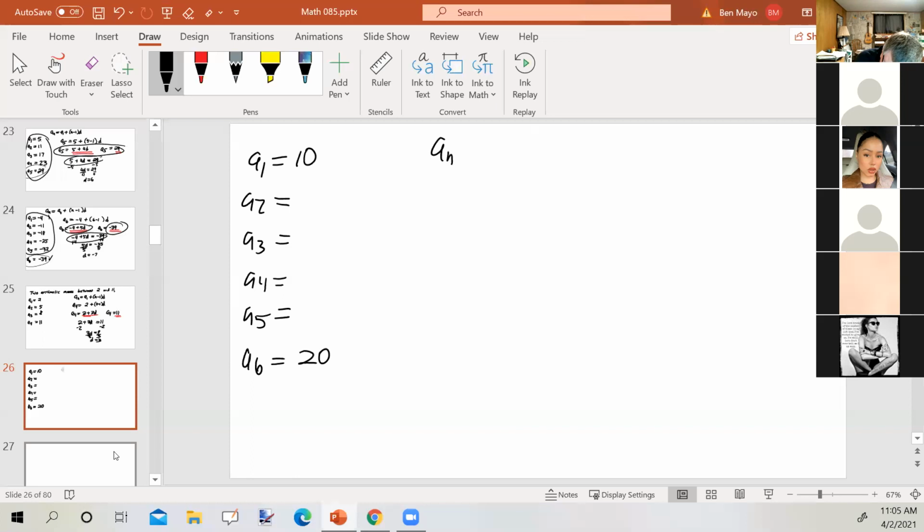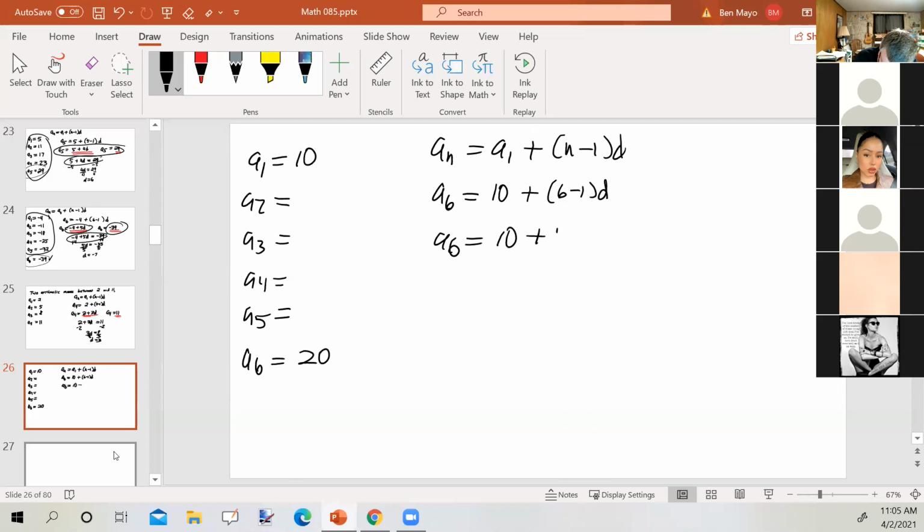Using the formula a sub n equals a sub 1 plus the quantity n minus 1 times d, a sub 6 equals a sub 1 plus 6 minus 1 times d. a sub 6 equals 10 plus 5d. But we also know that a sub 6 equals 20.